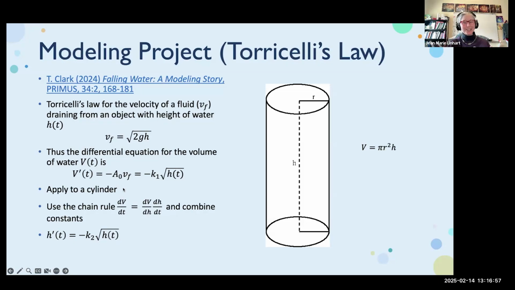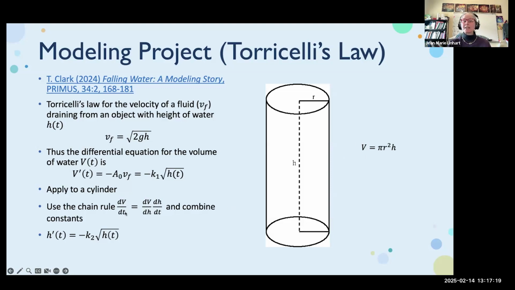And if you think about it logically, that makes sense. It's dimensionally consistent. And then because we know the form that the velocity of the fluid takes, this is going to be some constant k times the square root of h. Then if we apply this to a cylinder, we've got the equation for the volume of the cylinder, but we have V prime of t.